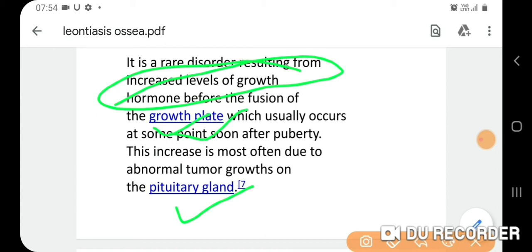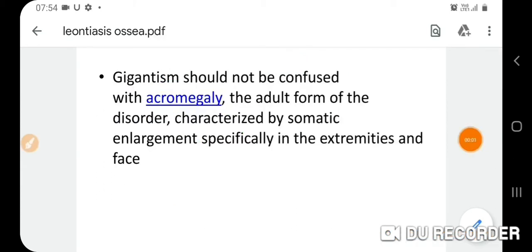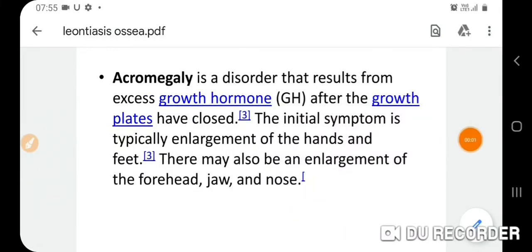This is very important. Gigantism should not be confused with acromegaly, the adult form of the disorder, characterized by somatic enlargement, specifically in the extremities and face. This condition is different from gigantism. Now we discuss acromegaly, where Leontiasis ossea also occurs.